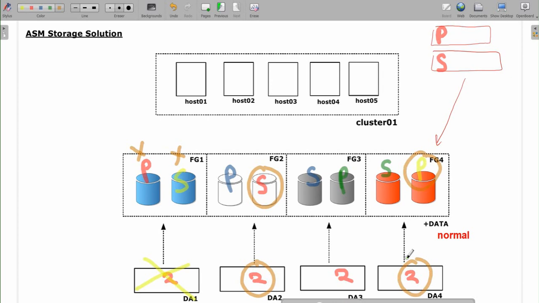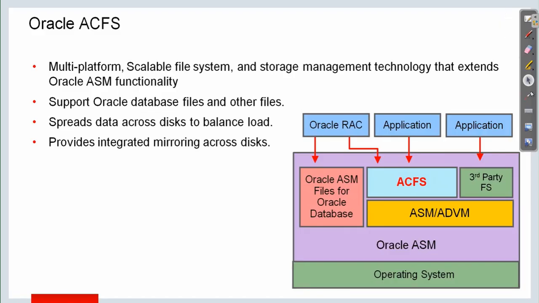So we can avoid a single point of failure in this way. So mirroring, striping, and management of storage is at the extent level. So we can perform storage management online: adding disks online, removing disks online, and storage balancing is online. So many things can be done online. That's the beauty of ASM storage. So let's come back here.